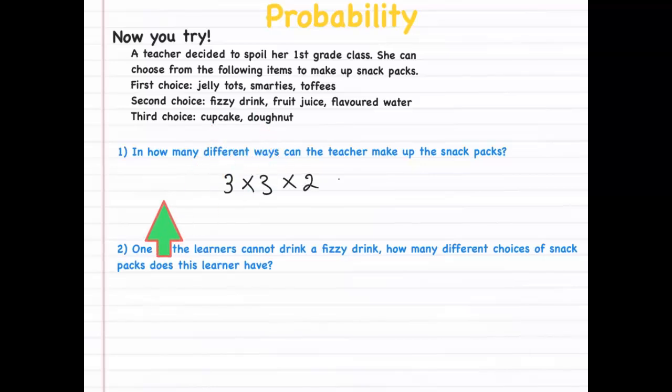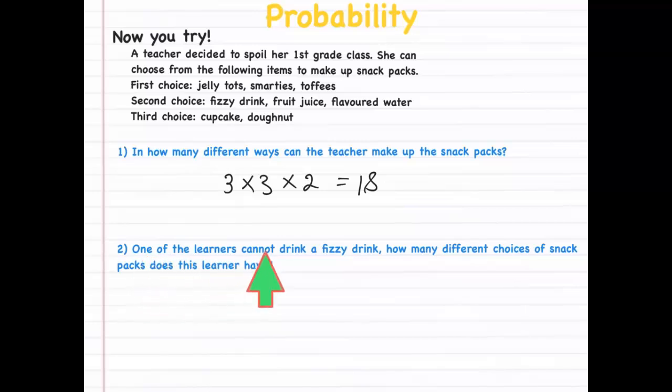And that's times 2. And 3 times 3 is 9. Times 2 will give us 18 different combinations. And you can try this at home by writing jelly tots, Smarties and toffees, and then making different legs for each one of those, and then a few more legs for the cupcakes and donuts, and then you see how many different combinations you have.